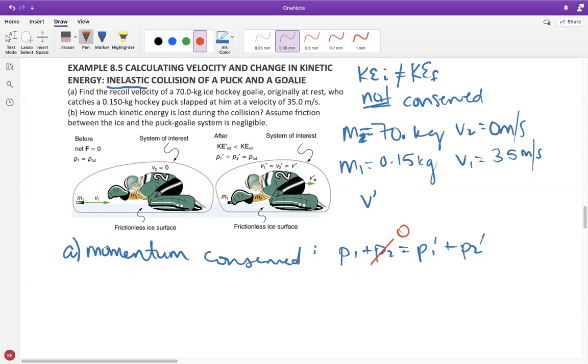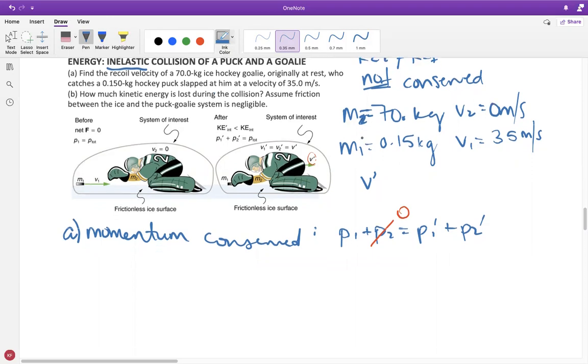That's the velocity that we are trying to find here.